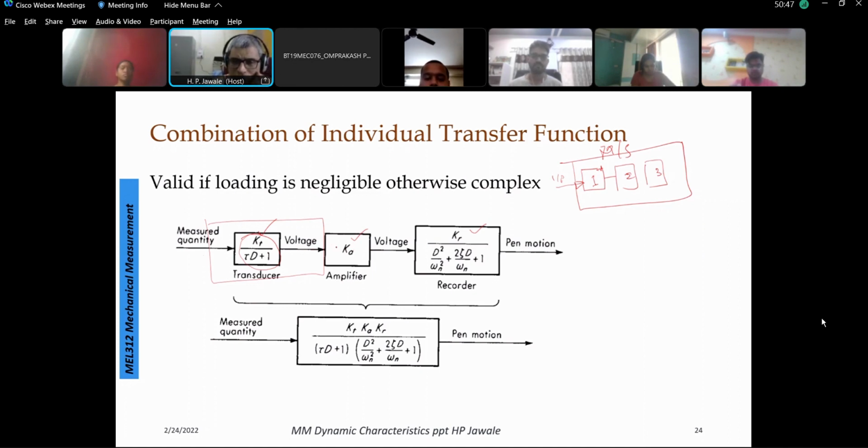Input is given to the amplifier, and it represents the signals at the end because of the mathematical relationship between the input and output of the amplifier. This gives some kind of signal, functional to the input depending on the type of transducer being used. The third one is the recorder.